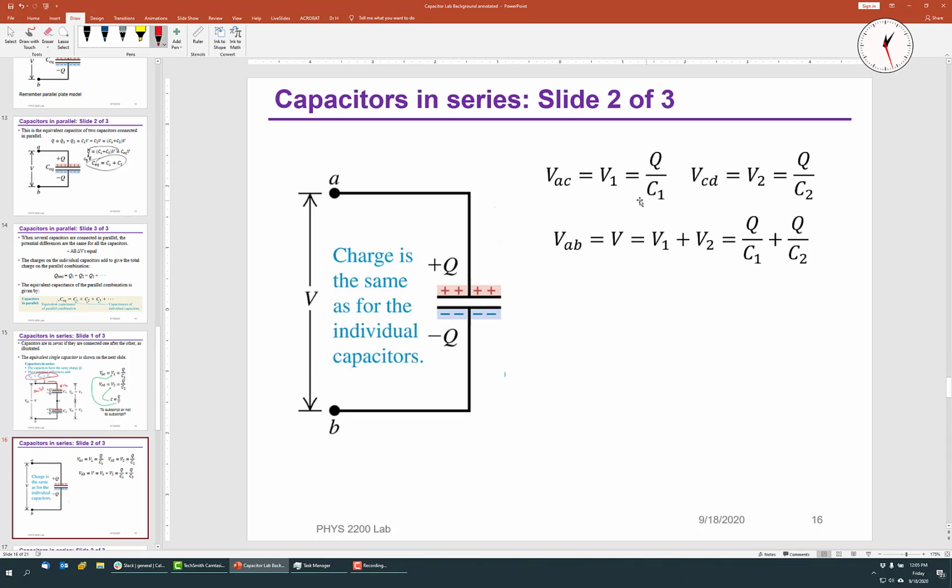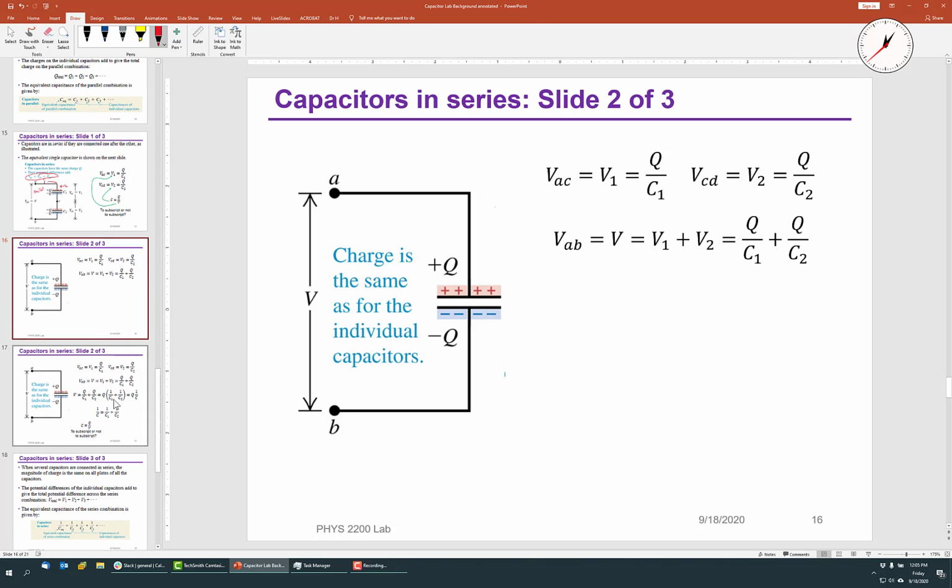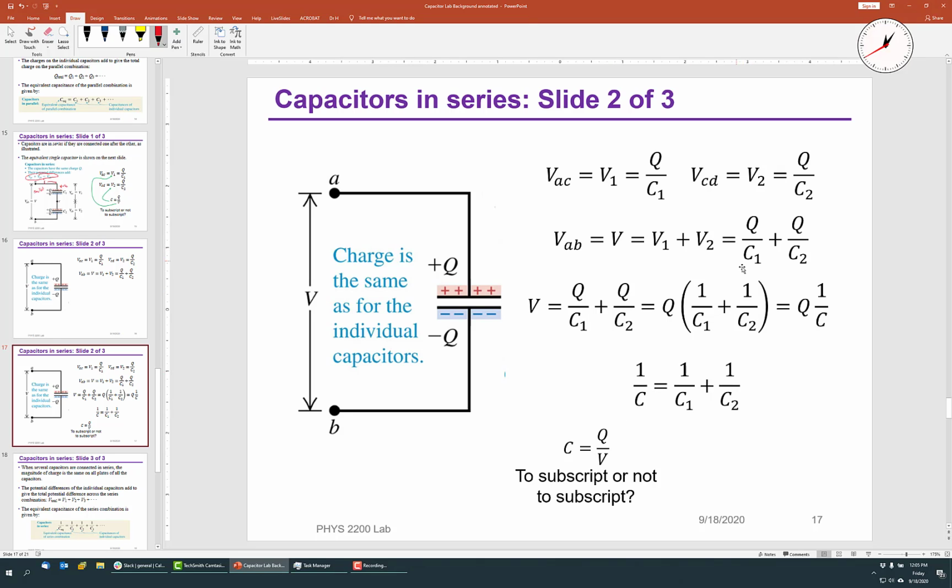So then when we try to add them together, we're adding the two voltages together. And just as before, the V itself equals total Q over total C. And then we can eliminate the common term again.